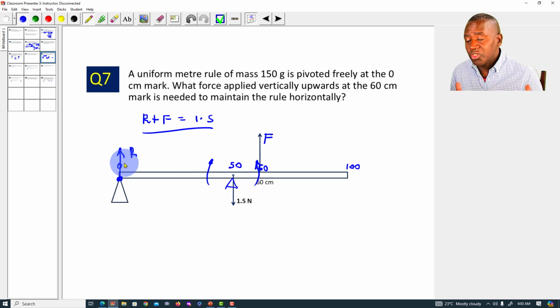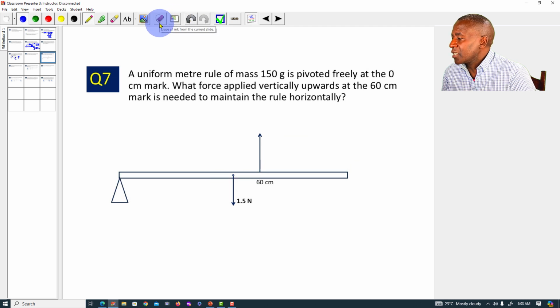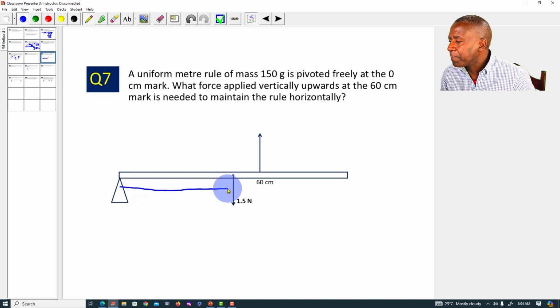But remember, in some other questions, that reaction force can be asked. And it's very simple. After you have worked out F, you just come to this relationship and work out the reaction force. So this is the 60 centimeter mark. If we take moments about this point, since this one is the 0 centimeter mark, this is the 50 centimeter mark, this is 50 centimeters.